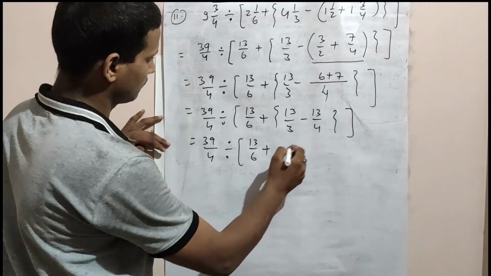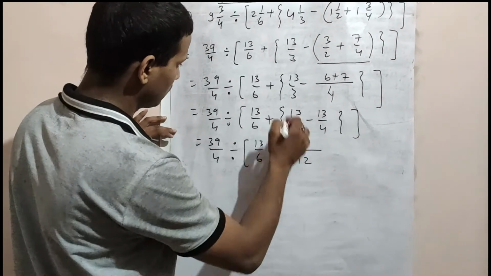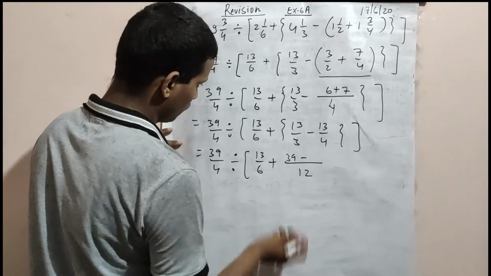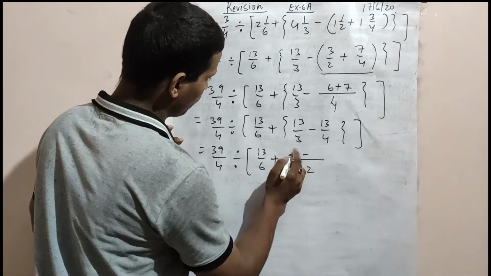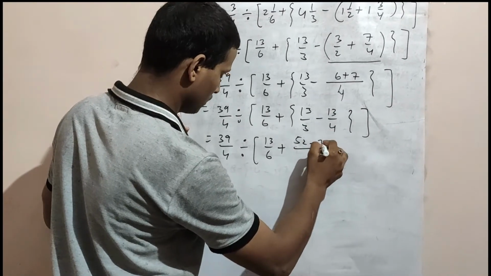Now we have 3 and 4, the LCM of 3 and 4 is 12. 13 4s are 52 minus, and 13 3s are 39.